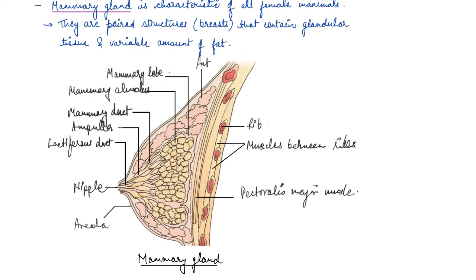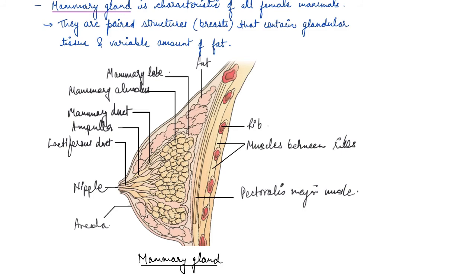So guys, with this we have finished the female reproductive system, wherein we saw the part where the ovum is produced, which is the ovaries. Then we saw the oviduct or the fallopian tube. Then we saw the uterus, the cervix and the outer opening, which is the vagina. And then we saw various external genitalia, which include mons pubis, labia majora, labia minora, hymen, and clitoris.